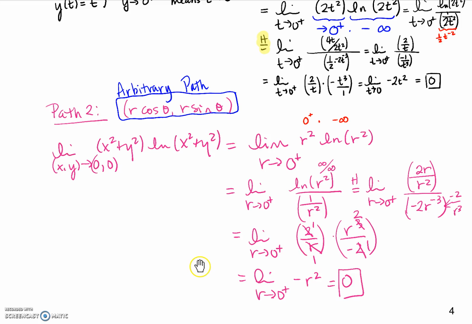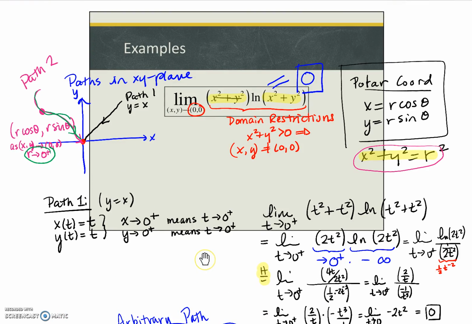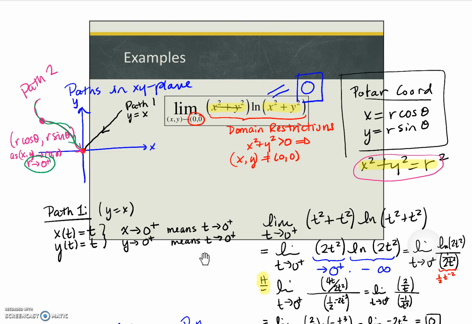So in the previous example, we had shown that the limit for this particular function did in fact exist, and it was 0. We considered a path, which I have labeled here path 1, coming along the line y equals x. And we had attempted path 2, which was a generic path, r cosine theta, r sine theta.